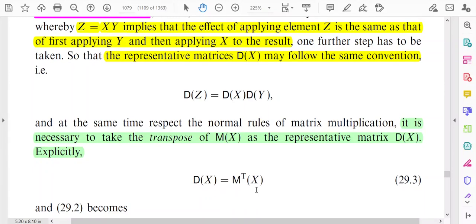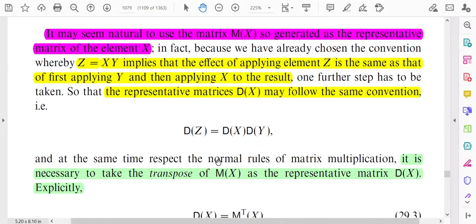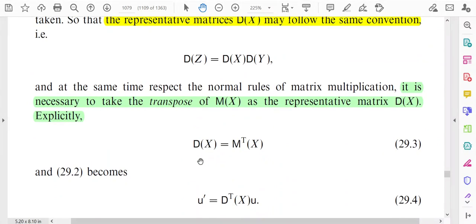Now m transpose x, which we have obtained just a little bit earlier by the relation 29.2, where the basis vectors have been transformed from u to u prime. So from this relation there is a matrix Mx, and we will obtain dx by dx is equal to m transpose of x. So it is necessary to take the transpose of Mx to find the representative matrix dx.